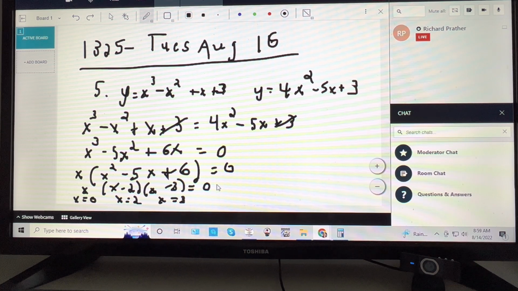0, 2, and 3. So what's happening is there's a quadratic parabola like so. And then there's a cubic function, and it comes up right at 0, right at the origin. They cross, and then they cross again at 2, and then again at 3, because the cubic function rises faster.